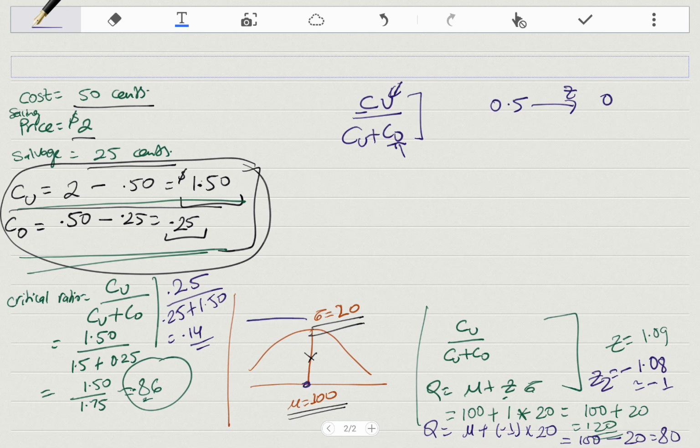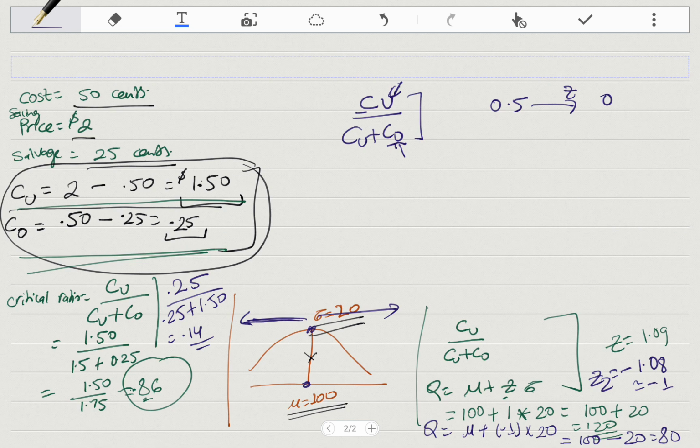If the cost of ordering more is higher, you want to make an error by ordering less. If the cost of ordering less is higher, you want to make an error by ordering more. If they are exactly the same, your best bet is ordering in the middle.